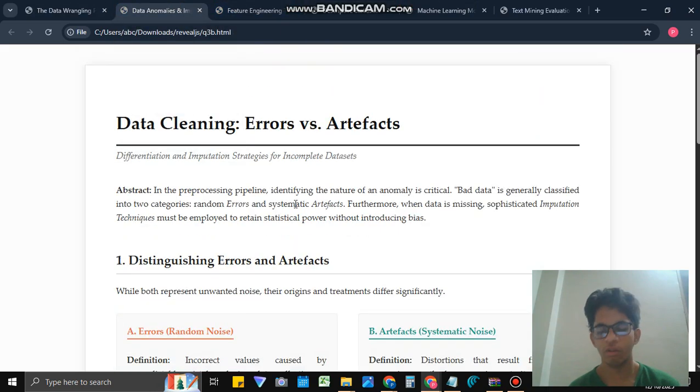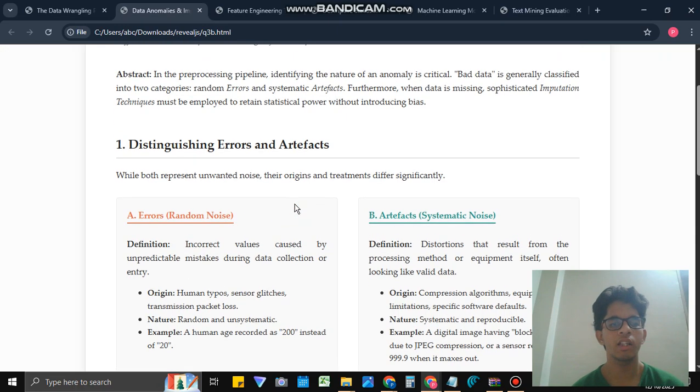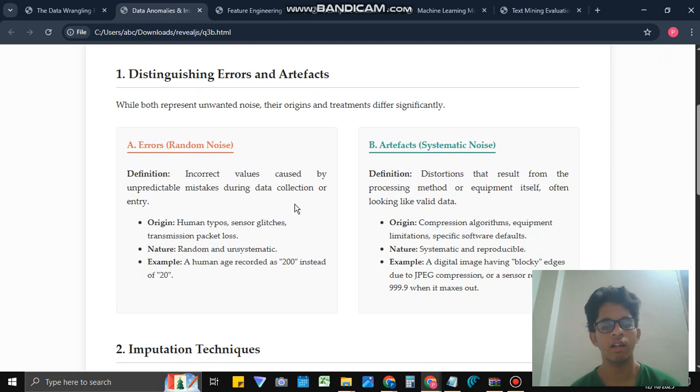Then coming to the next part of the same question number 3, it asks for the difference between errors and artifacts in data cleaning and explaining any two imputation techniques. So first we will distinguish between errors and artifacts. Errors are incorrect values caused by unpredictable mistakes during data collection or entry.